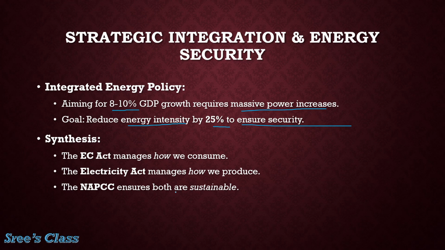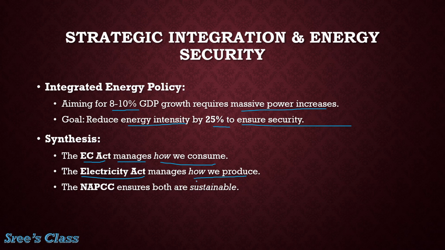Now, the main thing is this. The EC Act, Energy Conservation Act, manages how we consume, whereas the Electricity Act manages how we produce.